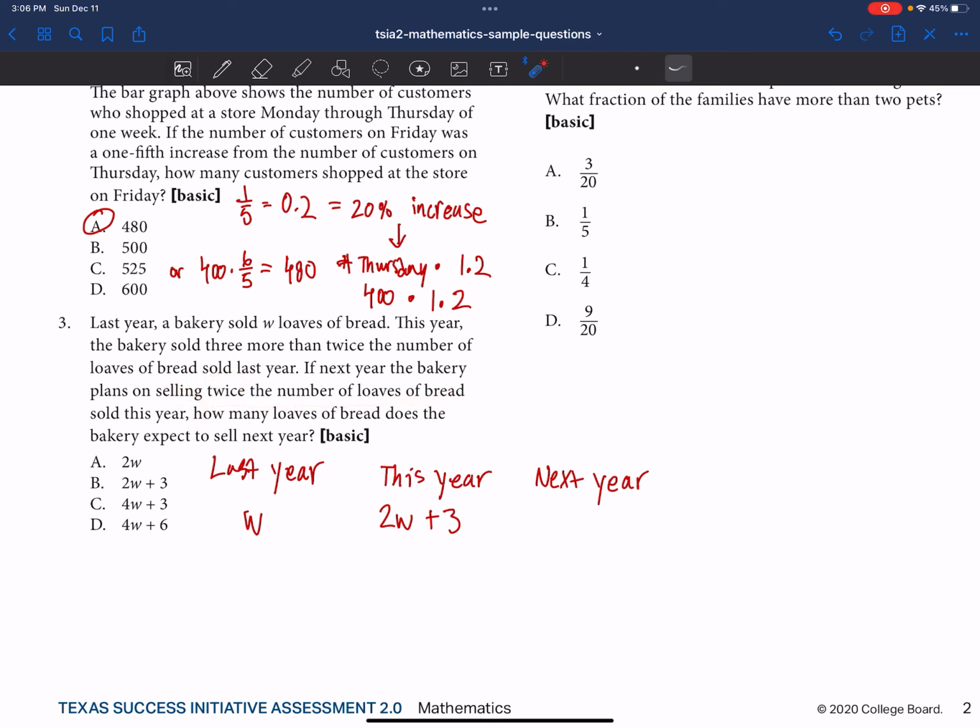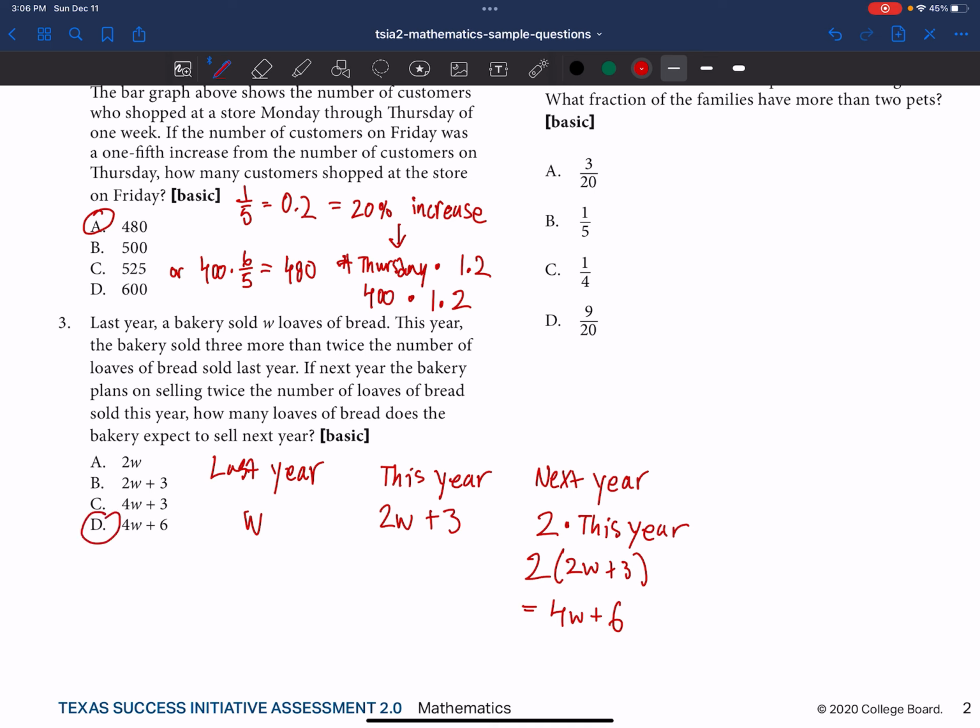So what we're looking for is next year, and that is 2 times this year, which means I'm going to take that expression for this year. I'm going to do 2 times (2W plus 3), and that equals 4W plus 6. So the answer choice would be D.